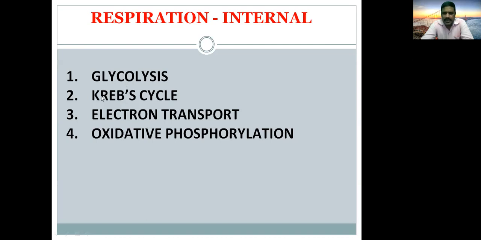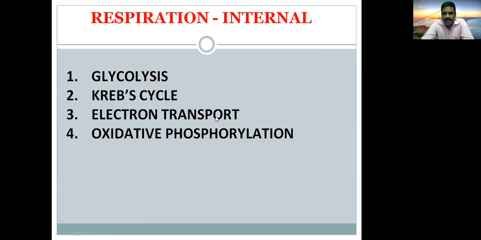The second phase is the Krebs cycle. By this Krebs cycle, the remaining two pyruvic acids are broken down further to release carbon dioxide. And in electron transport, the electrons liberated in these processes are transported over a chain of electron transporters.